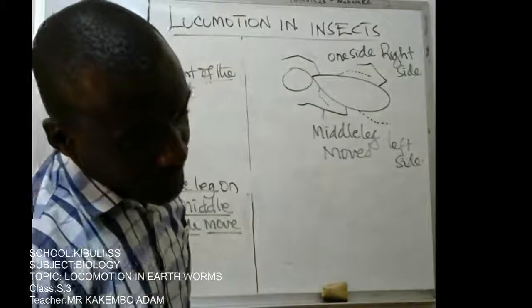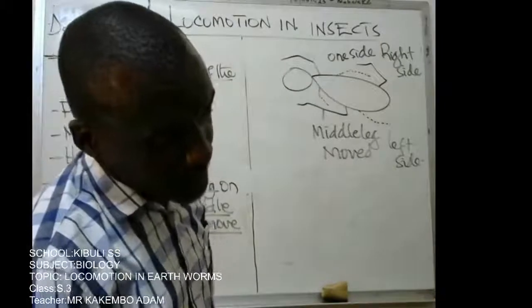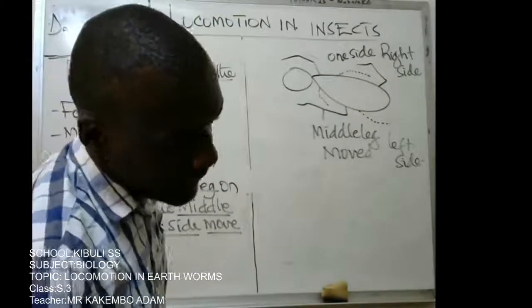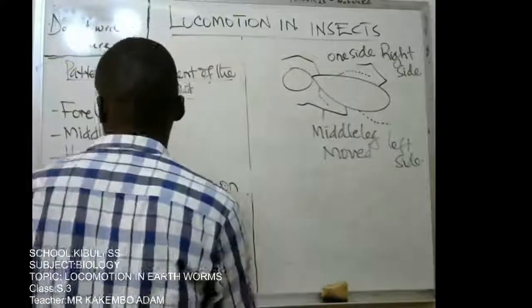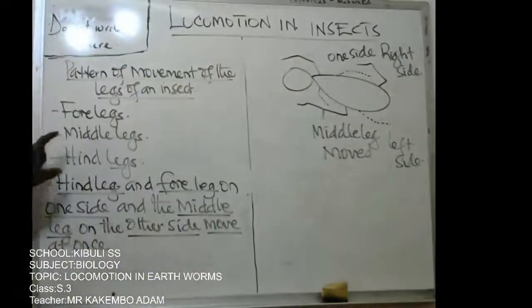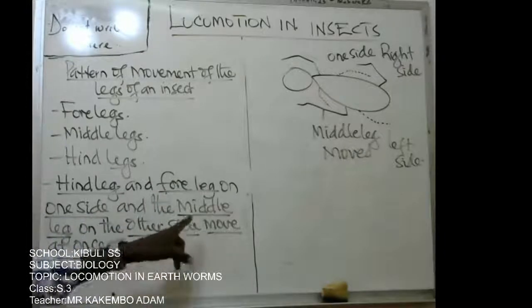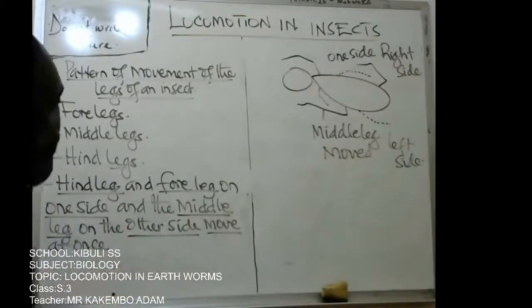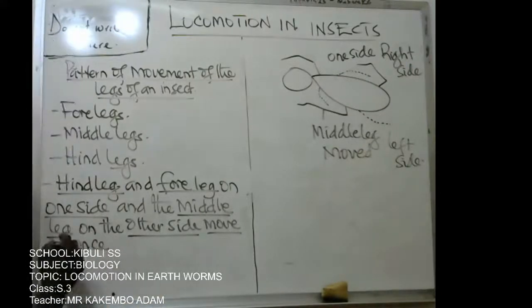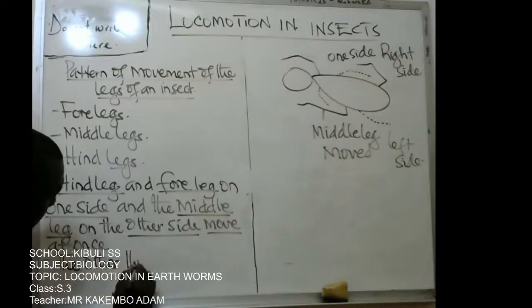So, as the hind leg, foreleg on one side and the middle leg on the other side move at once, the other three legs support the insect's body above the ground.